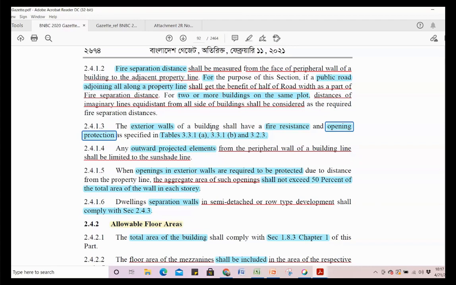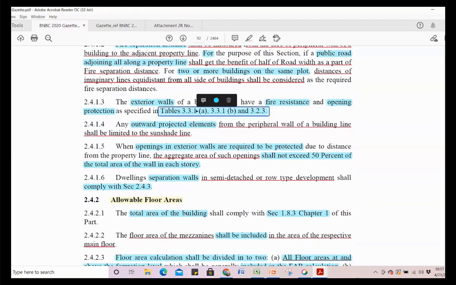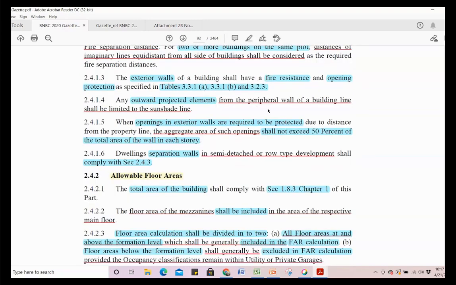That is the idea, and it has some specifications in the tables it refers to. And outward projected elements, like a sunshade, if we project anything, shall be limited to the sunshade line.